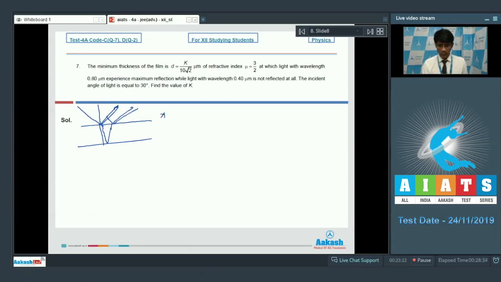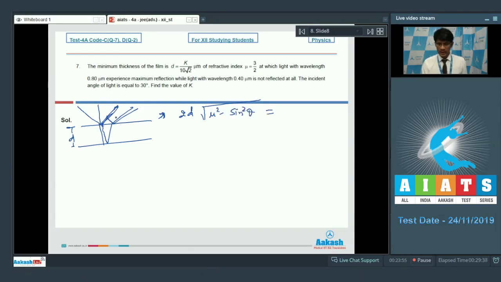So if you make this calculation, if this distance is d, then the total path difference of these two lights, including the phase shift that will be bearing because of this reflection, we shall say it is 2d square root of mu square minus sine square theta.